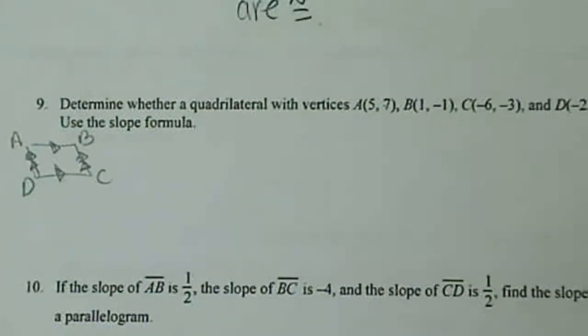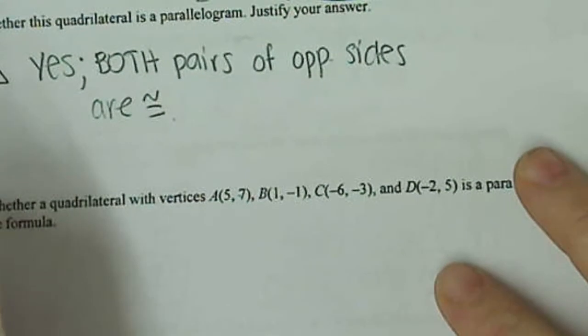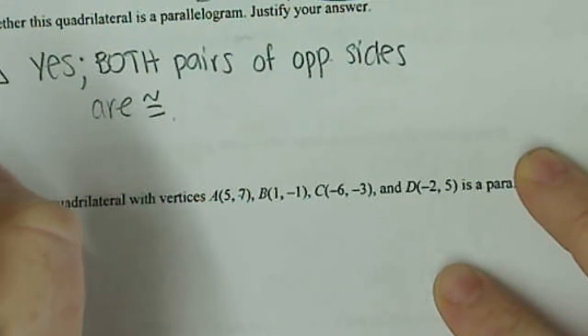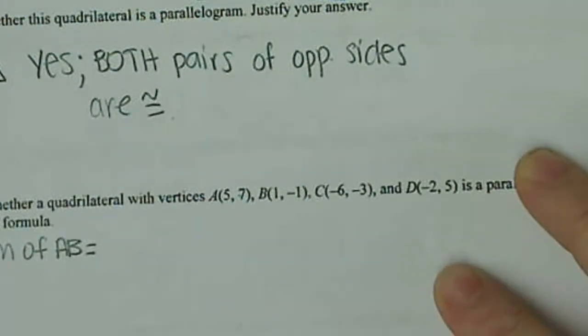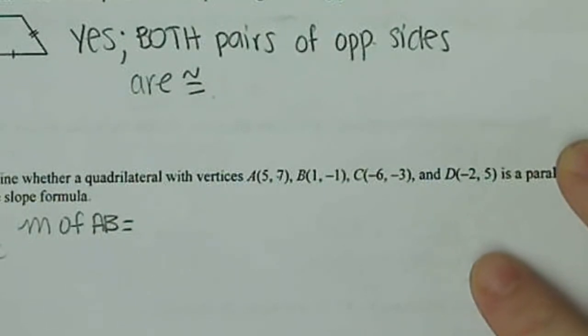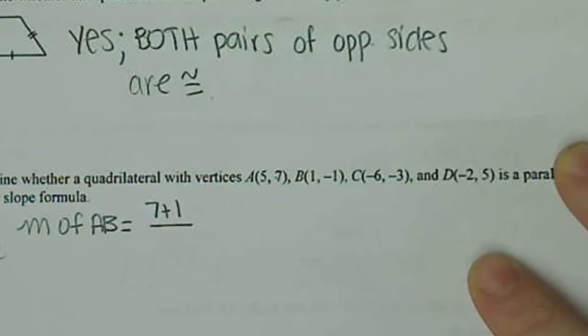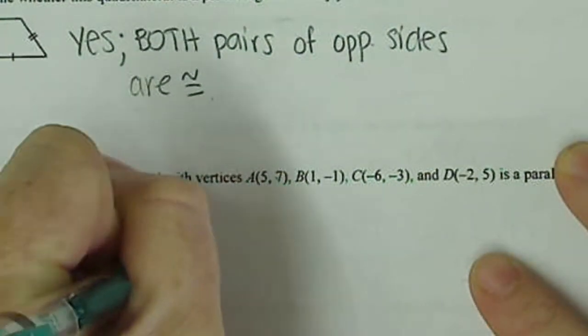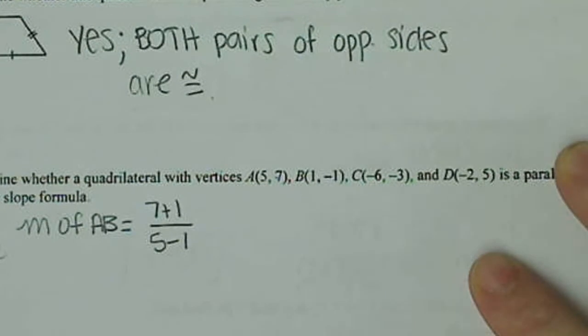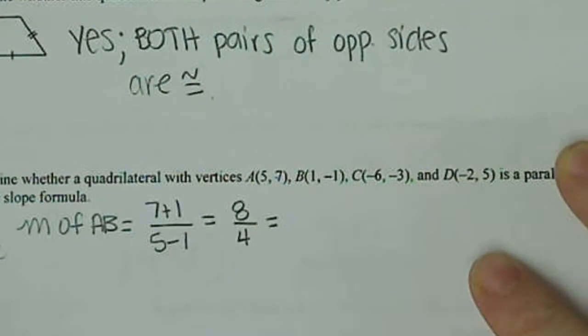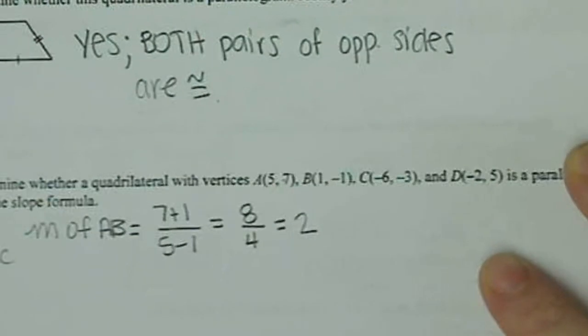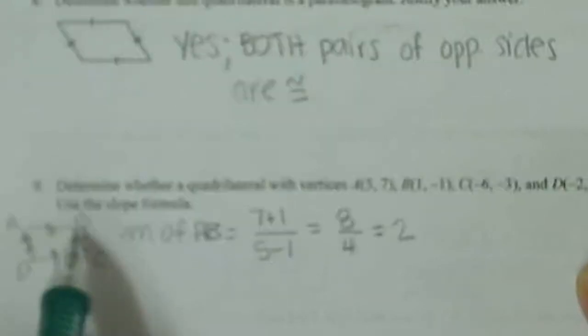Let's find the slope of AB, which remember is rise over run. So we will get 7 plus 1 for our change in y, 5 minus 1 in our change in x. That's 8 over 4, which reduces to just 2. Now let's see, remember, here's AB.